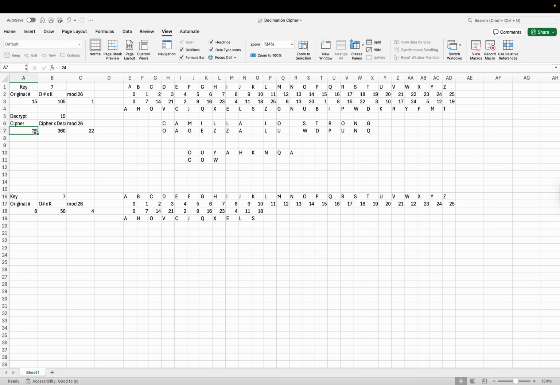Cow, and obviously we know A. A is going to be A again. H is 7. So that is 1, which is B.